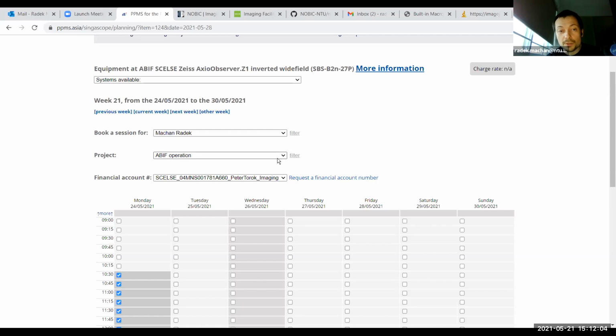So the projects allow you to, let's say, if you are working on multiple projects, then this will allow you to link particular bookings to a particular project, and this is relevant mainly in terms of payments for the microscope usage, because then the sessions can be paid from different grants, depending whether you are working on one project or another project.